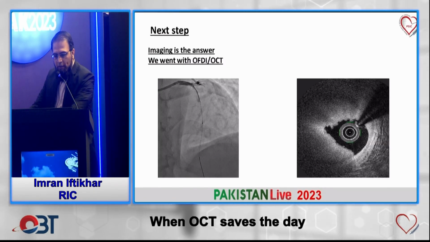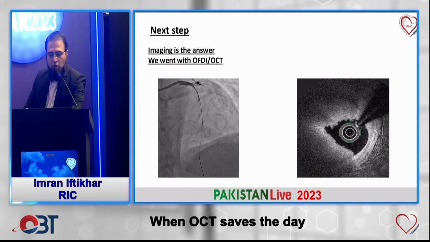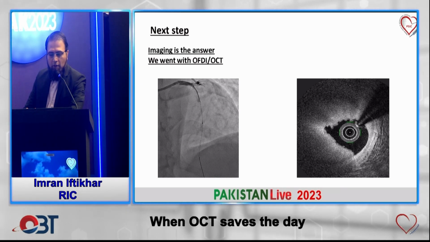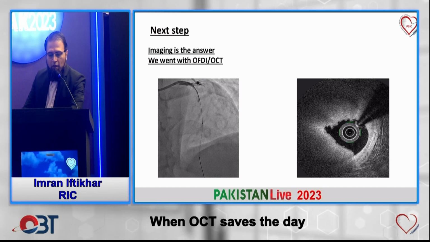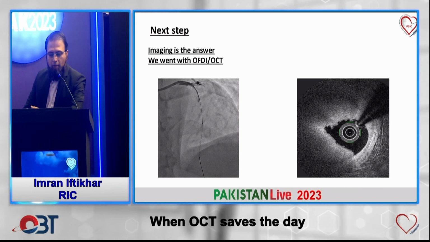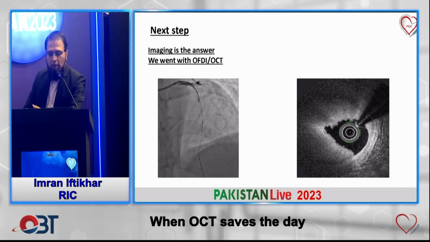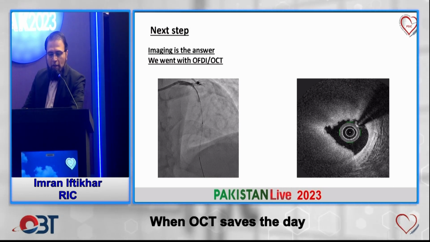So we went with the OCT run, and you can see in a still image there is an atherosclerotic plaque with heavy thrombus burden, thin fibrous cap atheroma, involving the ostium of LAD. OCT also helped us in knowing the extent of the plaque: it was not only involving the ostium of LAD, but was also extending into the distal LMS as well.